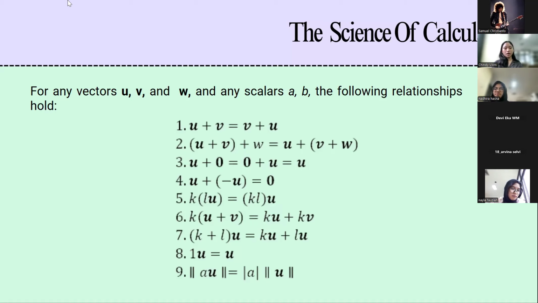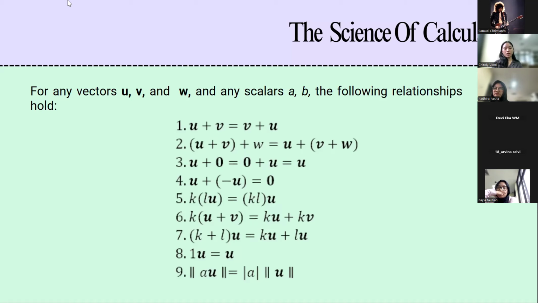k multiplied by the product of l and u is equal to the product of k and l multiplied by u. The sum of u plus v multiplied by k is equal to k multiplied by u plus k multiplied by v.